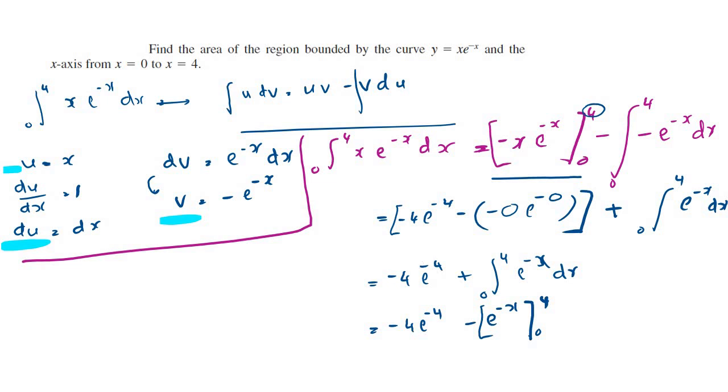So we have minus 4 e to the power minus 4 minus e to the power minus 4 minus e to the power minus 0. That's what we get. So if you use a calculator, you'll see it's approximately 1 minus 5 e to the power minus 4.